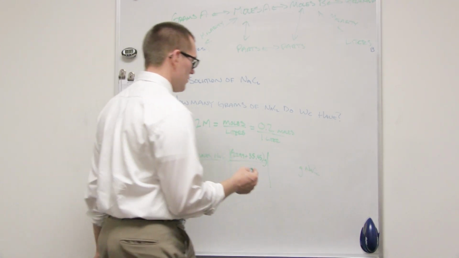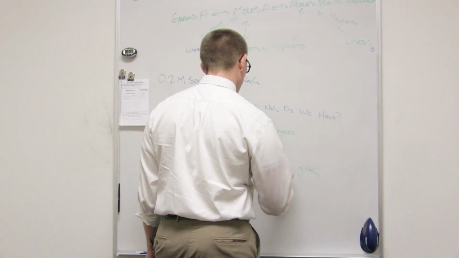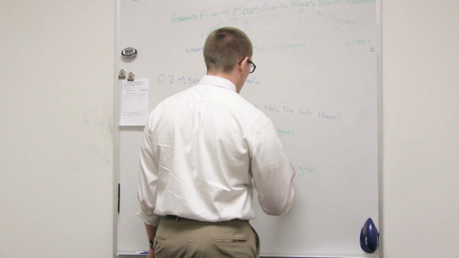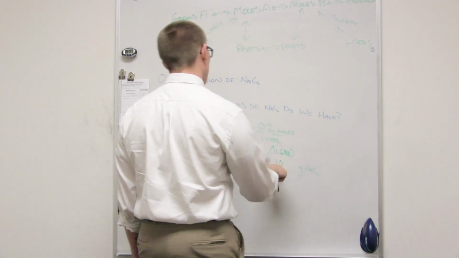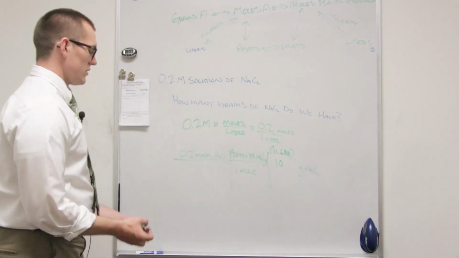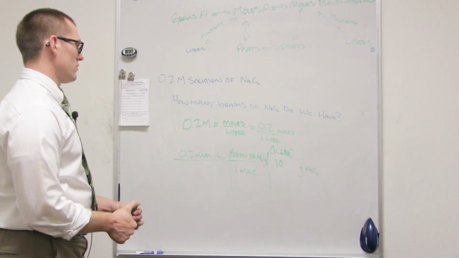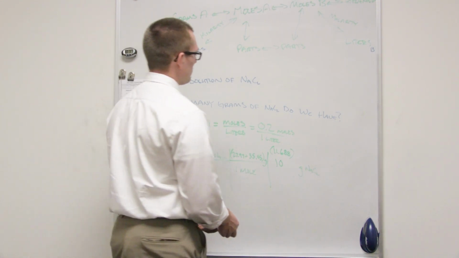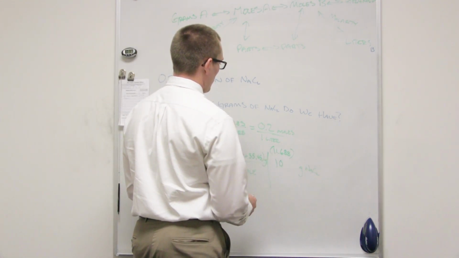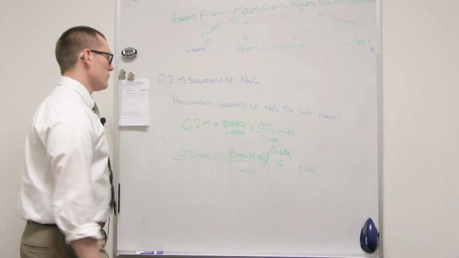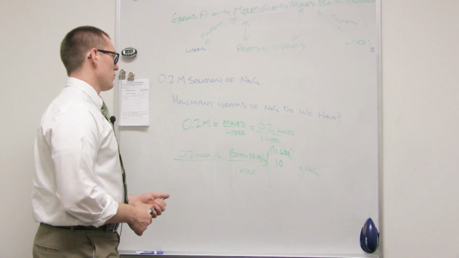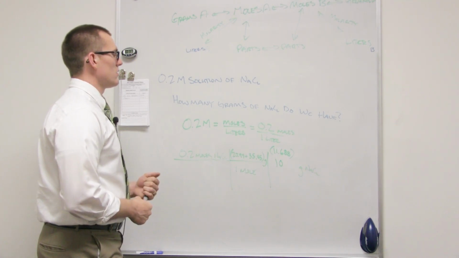It's 11.688. You can just say 10, but 11.688 is the exact number. To one sig fig, we would round that to 10. Yeah, I would do that. So, cool. Okay, perfect. Good job.